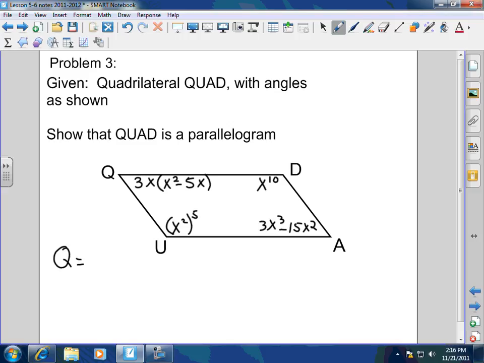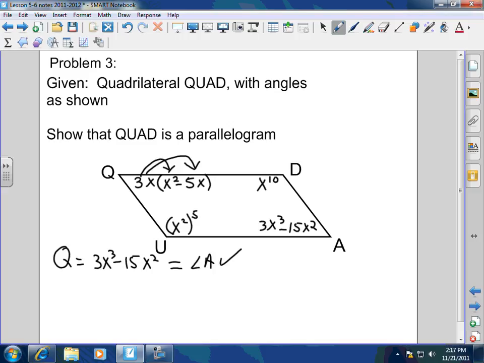Think about this easier, guys. Let's use a distributive property here. If you multiply 3x to x squared and negative 5x, isn't that going to equal 3x cubed minus 15x squared? That's the same thing as angle A, correct?